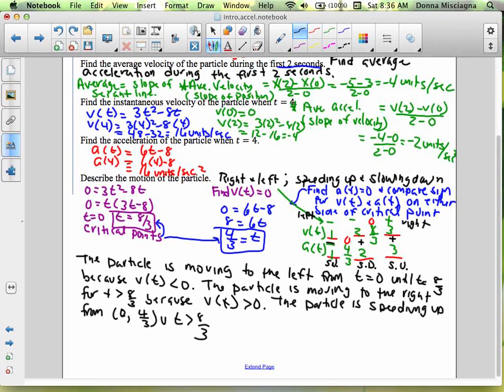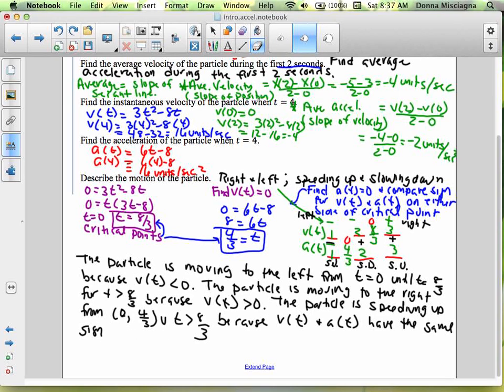But as long as it's moving, it's going to be speeding up, and that's because v of t and a of t have the same sign. Actually, sorry. That sign is positive only for t greater than 8/3. It's negative from 0 to 4/3. It doesn't matter what the sign is. They just have the same sign. If they have the same sign, we're speeding up. We leave it at that.